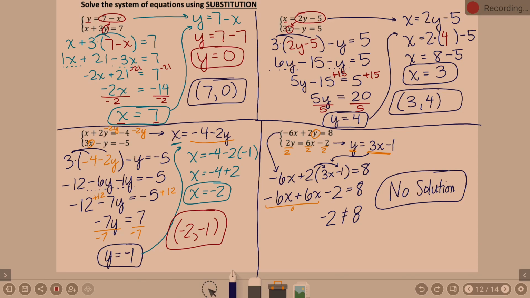Okay? All real numbers? Infinite? Okay? I have written down on my paper infinitely many solutions. Okay, there's a lot of different ways to say it, but that's the other alternative. Those two things happen when all variables cancel out. You have to look at what remains, a true or false statement.